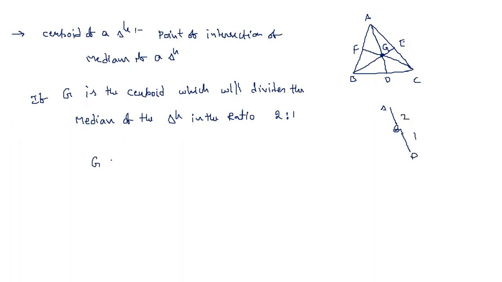If I apply the section formula, I will get the centroid as ((x1 + x2 + x3)/3, (y1 + y2 + y3)/3).